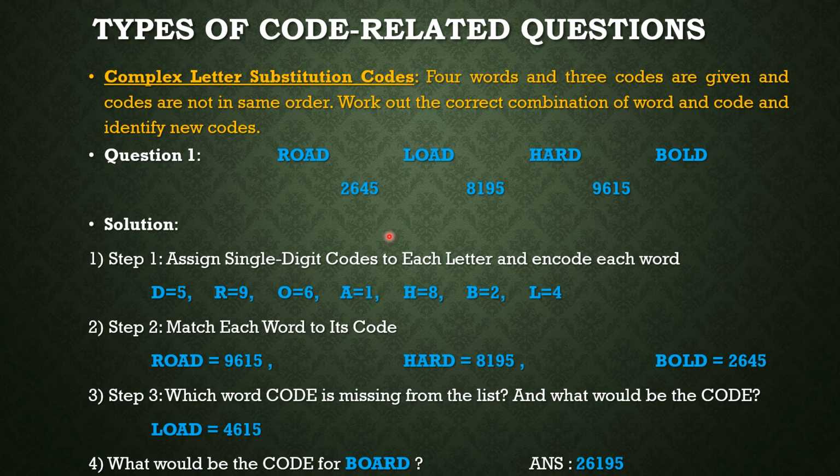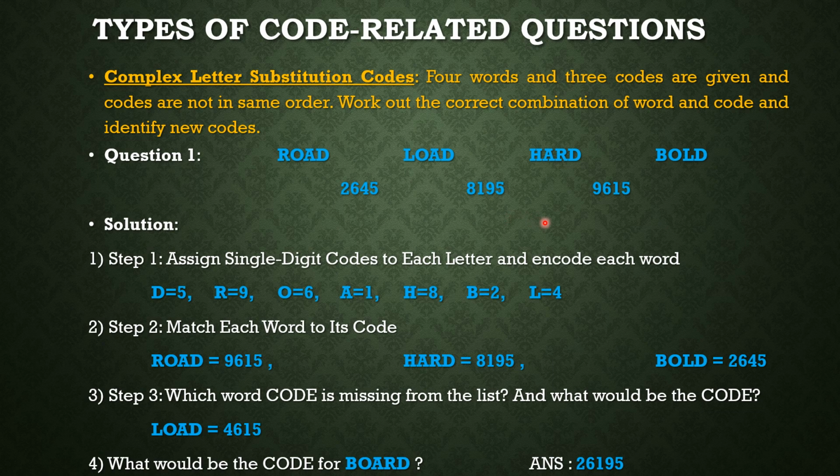So if we go by that logic, we note down R is equal to 9. So now we know that road could be the code 615, and the hard could be the code 8195.